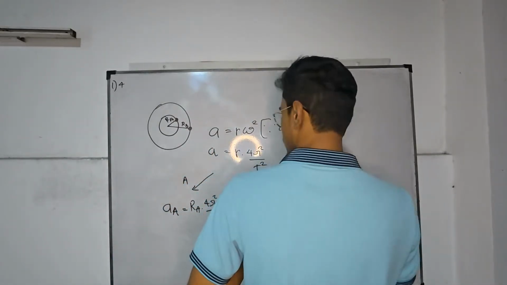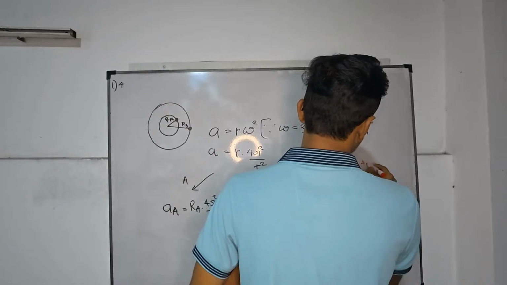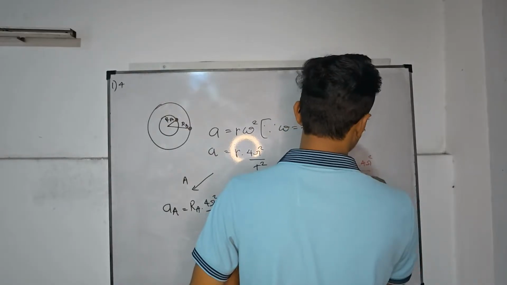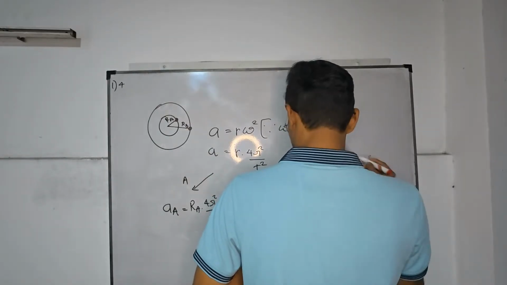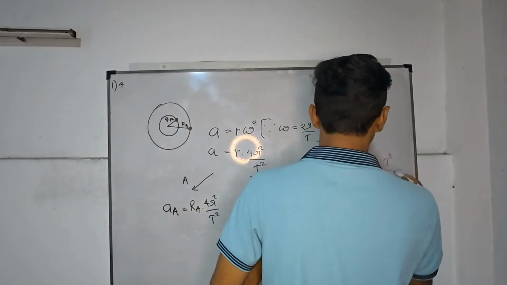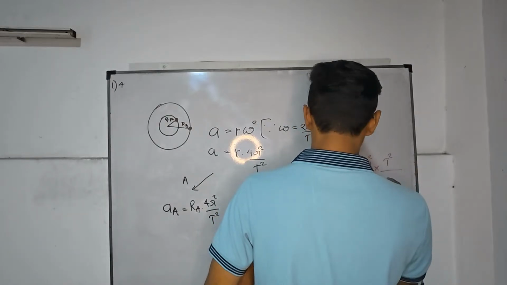From the first one, RA 4 pi squared over T squared. Division is multiplication with the reciprocal.